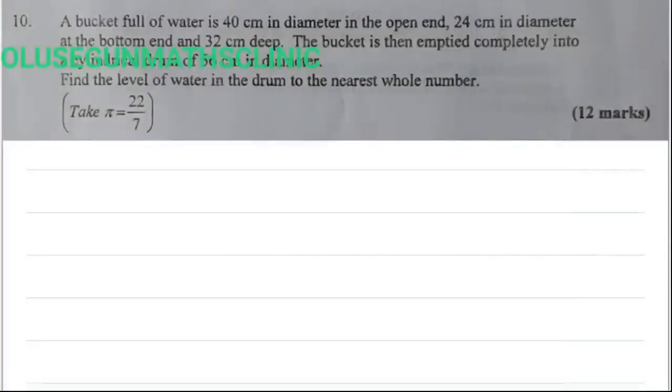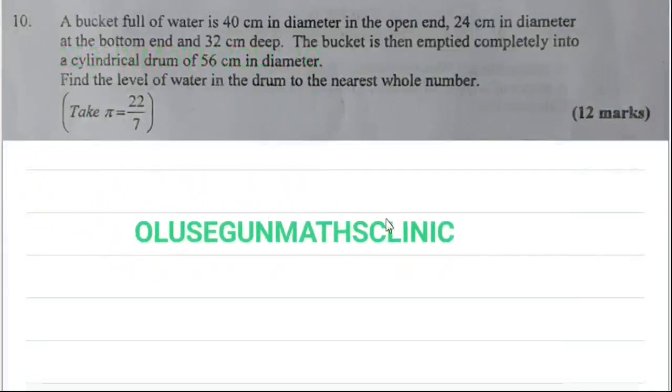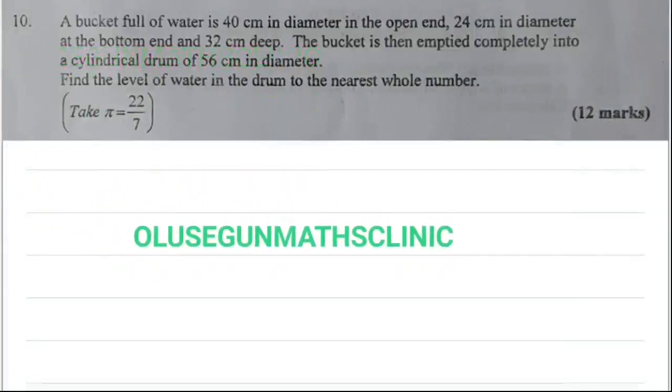This is question 10. A bucket full of water is 40 centimeters in diameter at the open end, 24 centimeters in diameter at the bottom end, and 32 centimeters deep. The bucket is then emptied completely into a cylindrical drum of 56 centimeters in diameter.